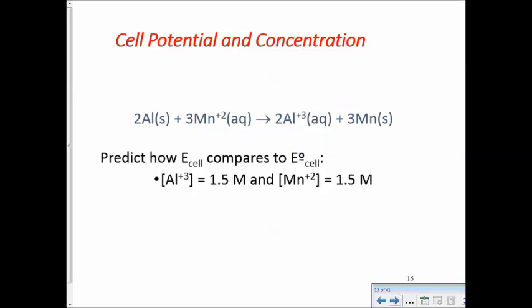If we've changed both of them now to 1.5 molar, they're both at non-standard conditions, but we've upped the reactant ion, upped the product ion, so it's kind of an equal cancel out deal where we're pushing some of the electrons backwards, but we're also increasing the flow forward, right?